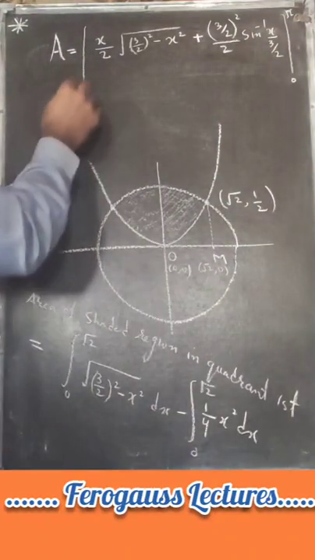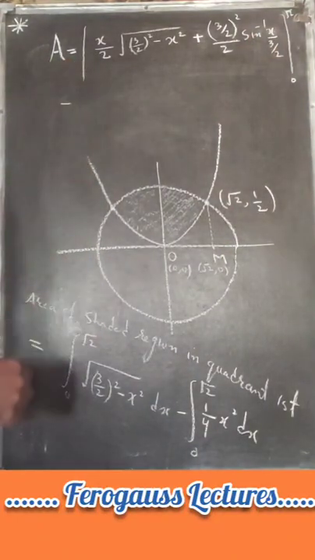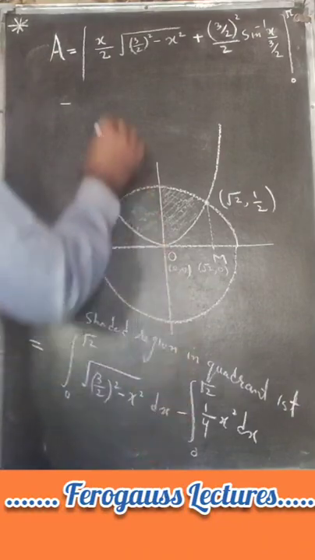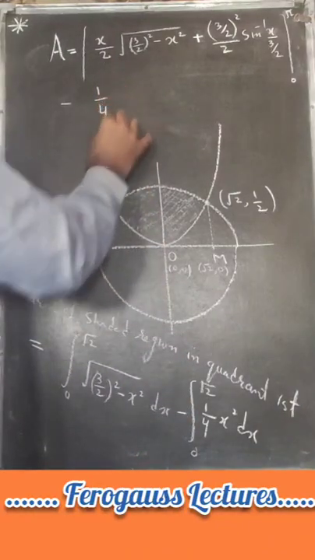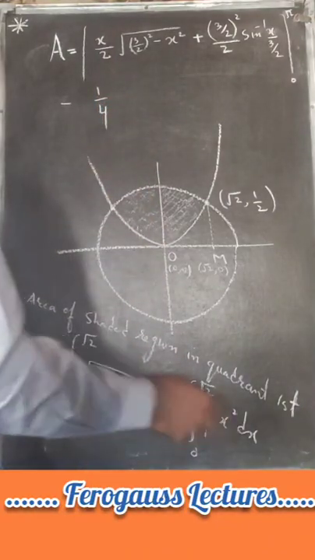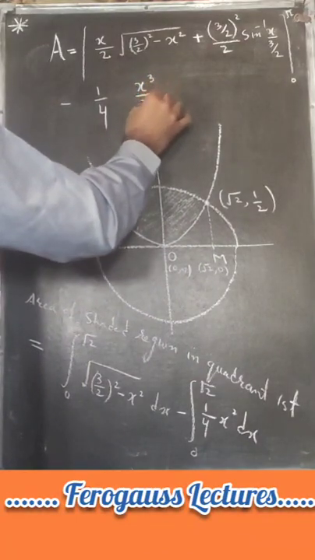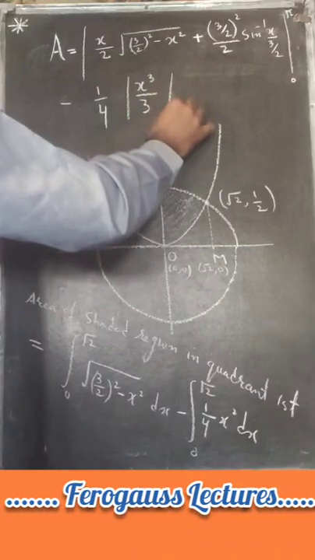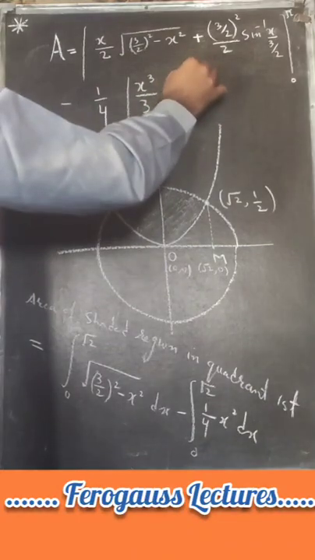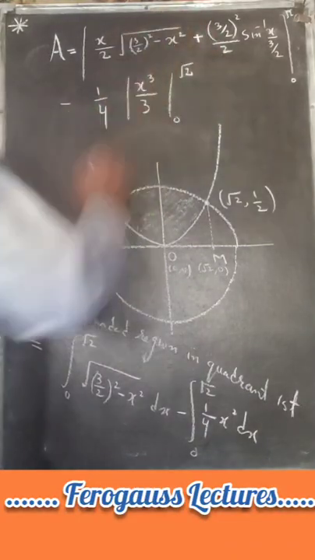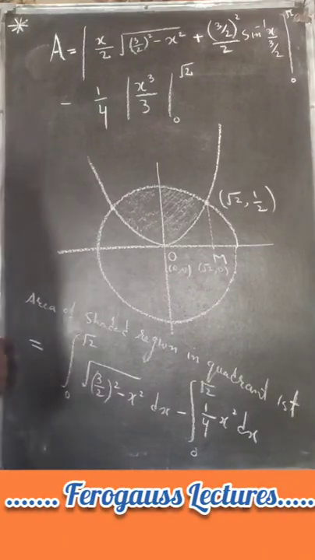Then minus 1 by 4, which is constant, and the integration of x² is x³ by 3 with limits from 0 to square root of 2.